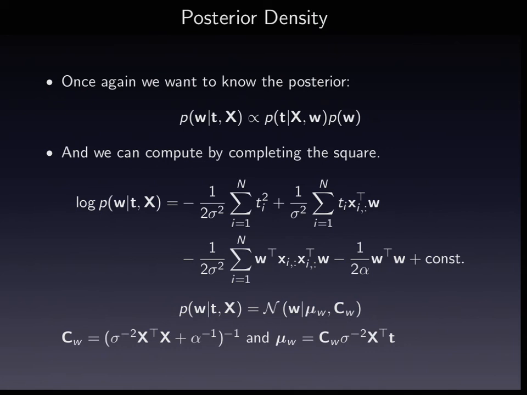Second term, minus mu_w transpose C minus 1 W. And then we also get a W transpose C minus 1 mu. And then the last term, minus mu_w transpose C minus 1 mu. No, I missed out the half, sorry.